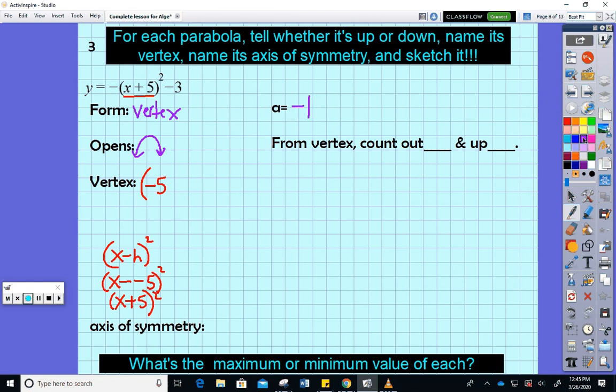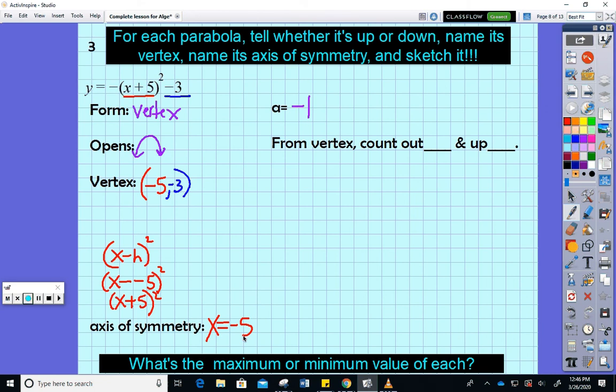Now, on the y part, the caboose tells you that your y coordinate is -3. So the x's always feel like, to me, they go backward of what my gut's telling me, but the y's go right along with what my gut tells me. The axis of symmetry is just x equals whatever your x coordinate of your vertex is. So the axis of symmetry is never extra work.